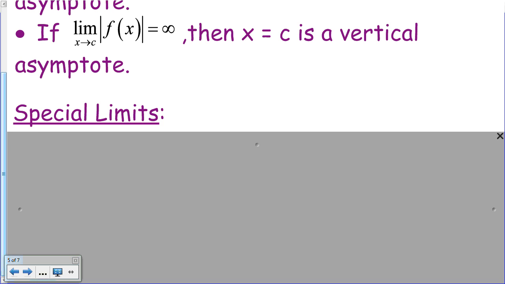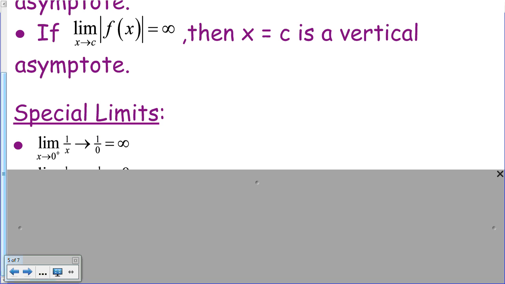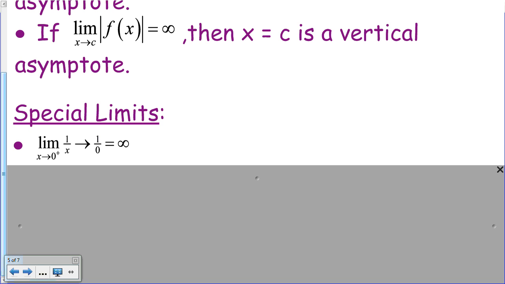But the first one is the limit as x goes to 0, and we're going to do x going to 0 from the right side, that's what the little plus sign means there, of 1 over x. Now if you check out the form that is in, as x goes to 0, you'd have 1 divided by a 0, and I would actually write a 0 and put a little plus sign there to indicate it's going to 0 from the positive side.